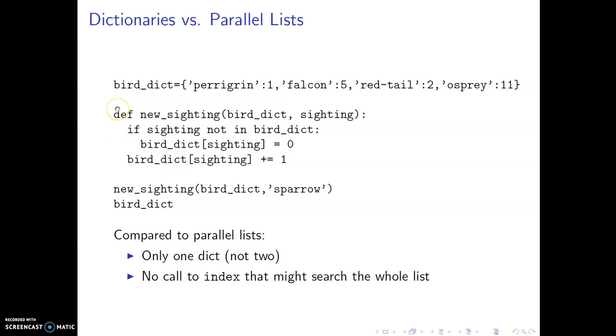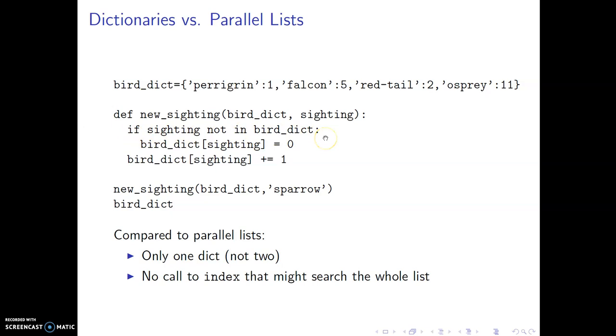So now we can define yet a different kind of function for adding new sightings. But notice our inputs are different. Instead of having both list structures, the counts and the kinds, and then the sighting, we just have the bird dictionary and sighting. So it's already a little more simple.